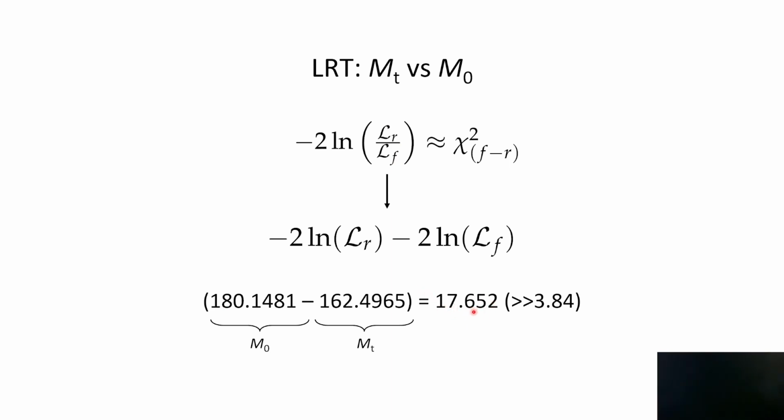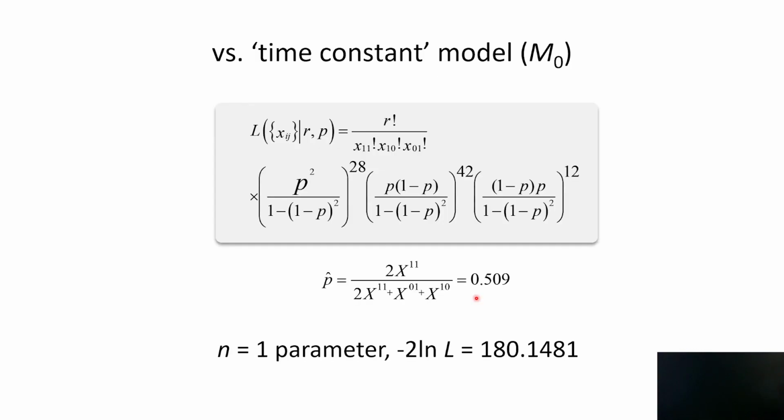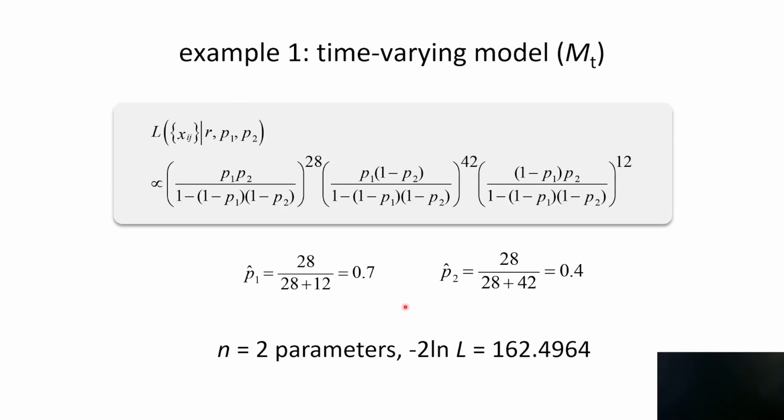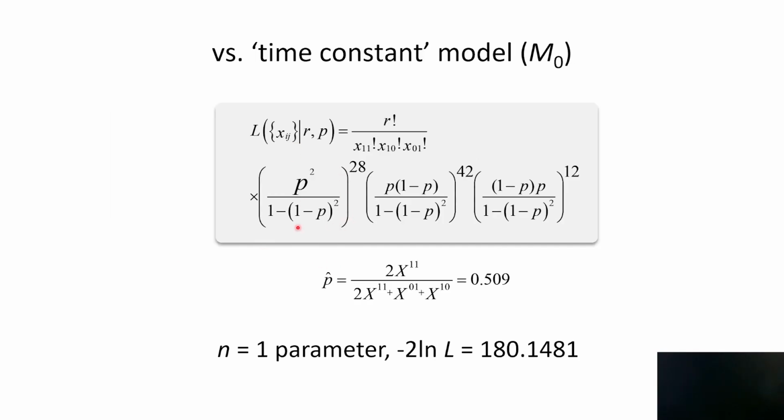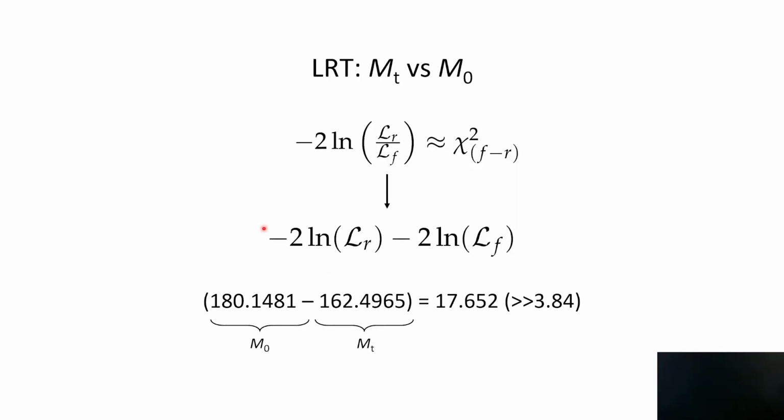Now, how many degrees of freedom? Again, the degrees of freedom is the difference in the number of parameters. So 2 parameters for the time varying model, 1 parameter for the time constant, so 2 minus 1 is 1. If you fire up a chi-square test for a single degree of freedom with an alpha level of 0.05, the magical 5% level for significance, that value would be 3.84.